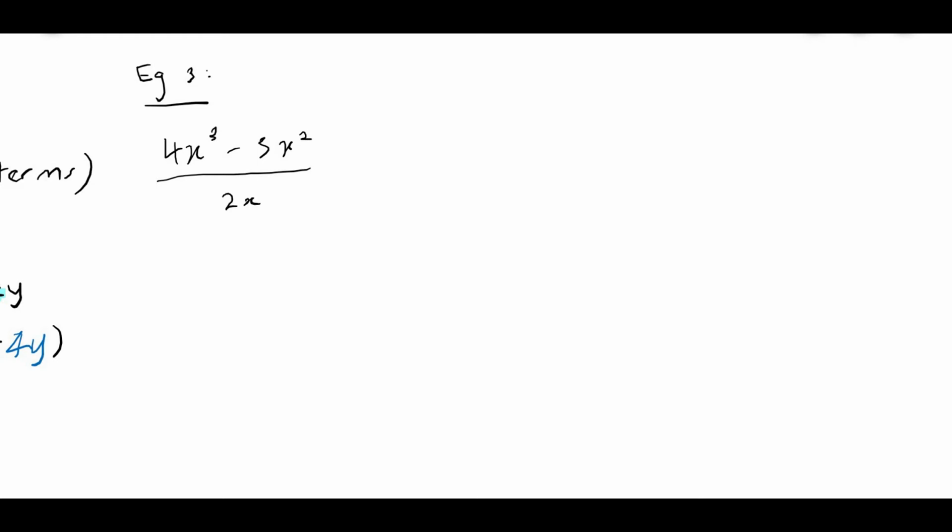I mean, write the 3 properly. So yeah, this is a fraction. So what you need to do is to simplify. First we look at the top expression, and then we try and factorize out similar terms from this upper expression. So the upper expression actually shares x squared as a similar term. So taking out x squared, you have 4x left, and then the second term you have 3 left, and we write 2x as it is.